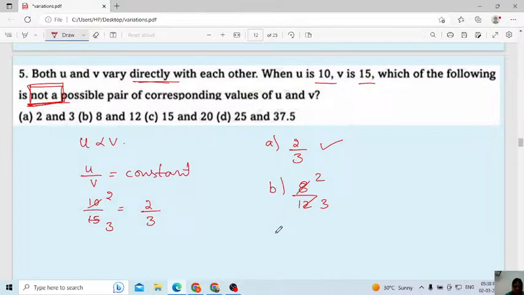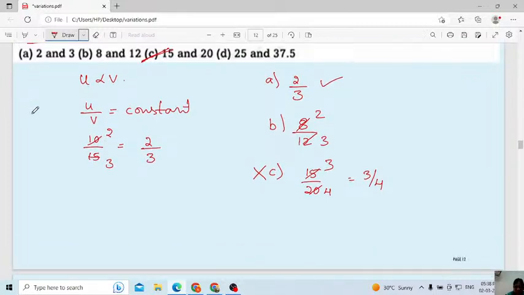This is B. Then consider C, 15 by 20. Consider the ratio here: 5 3s are 15, 5 4s are 20, 3 by 4. Your answer is 2 by 3. It has to satisfy this ratio. This one is wrong. C is the correct answer. Here they are asking which one is not possible. Understood now?